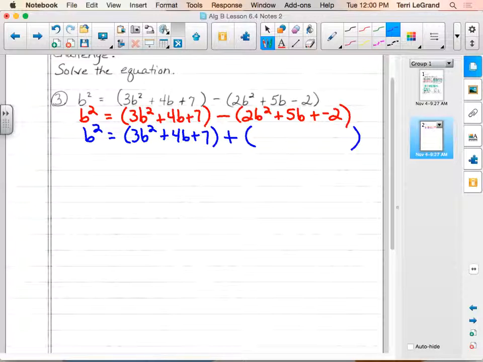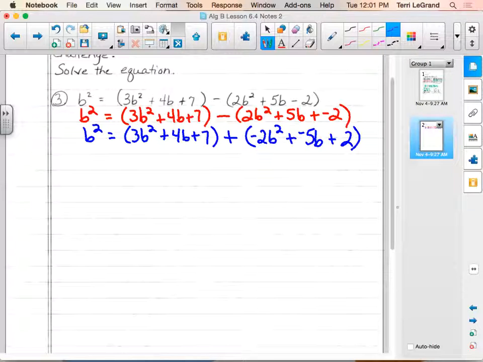So it's going to be what? Trey, tell me what's the second polynomial's new name now? Negative 2b squared. Okay, yeah. You want me to say the whole thing? Yeah. Negative plus negative 5b plus 2. Thank you, good.